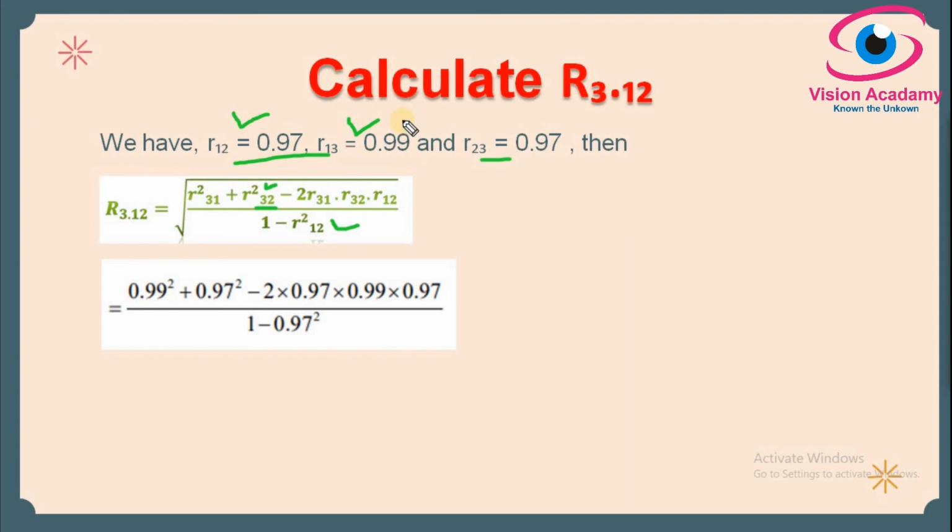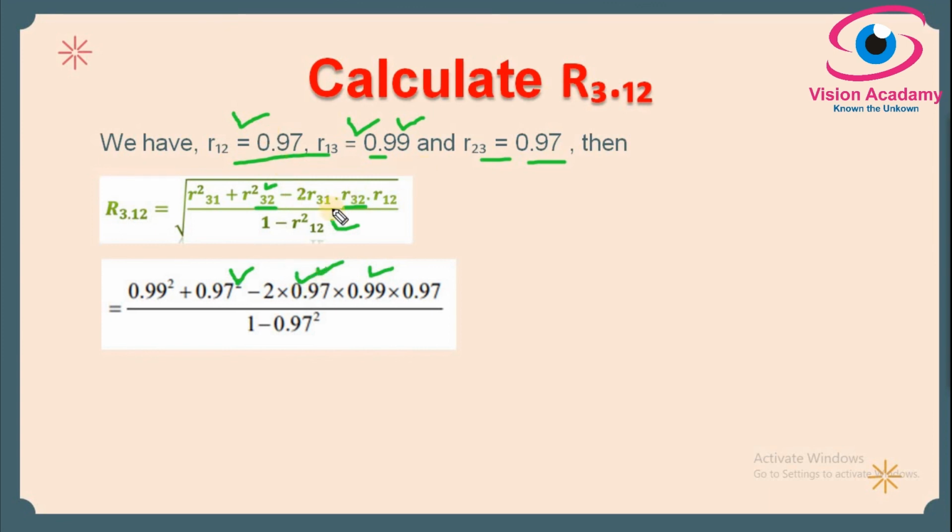R31, that is R13, is 0.99, 0.99 into 0.99, R32 is R23, 0.97 into 0.97, and 2 is in the formula, so R31 which means R13 is 0.99 here, and R23 which means R32, both are the same, 0.97.